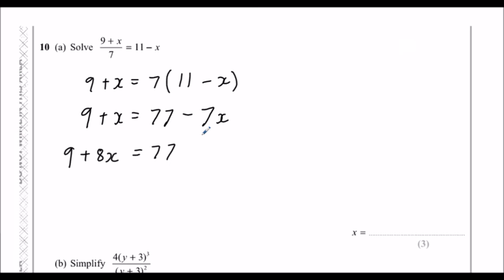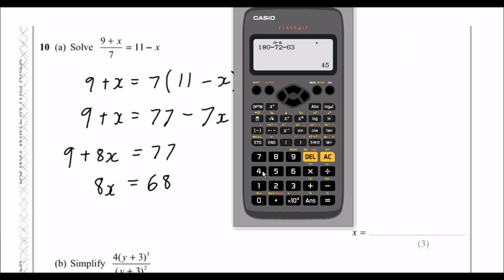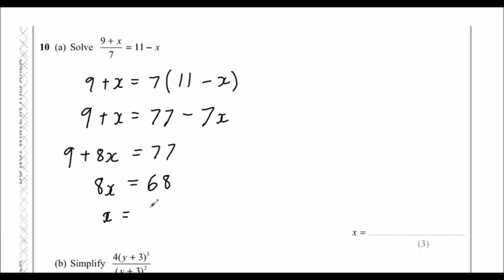Take 9 away from both sides. 8x is 77 minus 9, which is going to be 68. And then divide both sides by 8, which is 8.5. So x is 8.5.